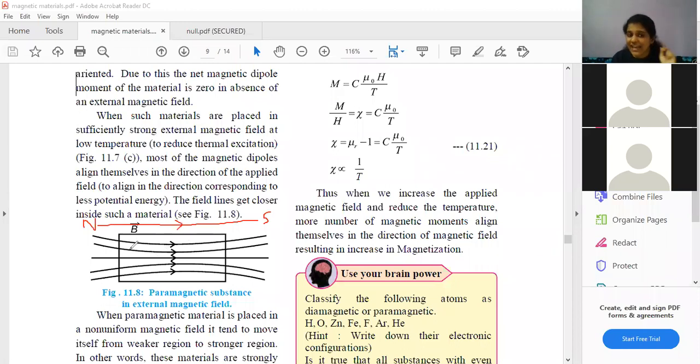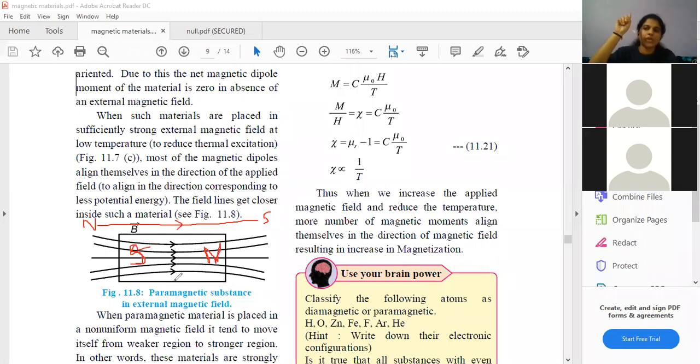Why? Because inside the paramagnetic material, this side acts like a south pole and this side acts like a north pole. So it is obvious: if this is acting like a south pole, north will be attracted towards south, and if this is acting like a north pole, south will be attracted towards north. You can see the direction of the arrows.